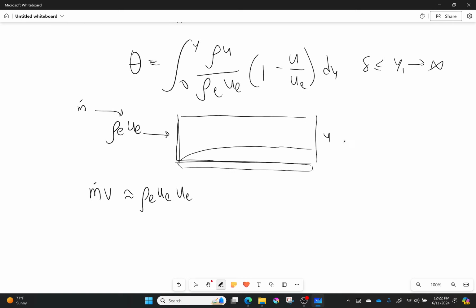Now, on the other side, exiting this one is going to be rho u times u. Though I did make one little error here.